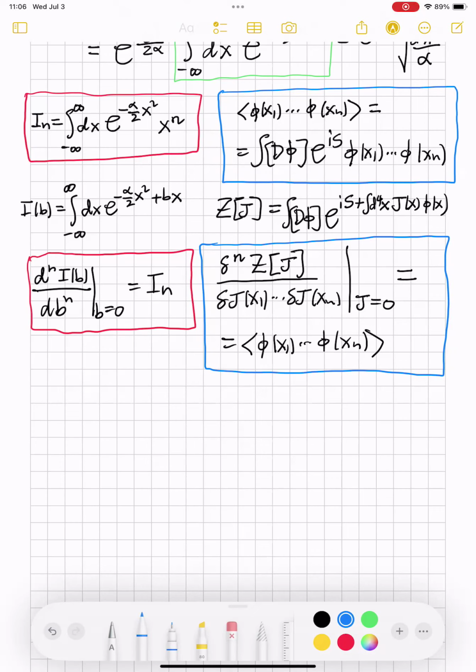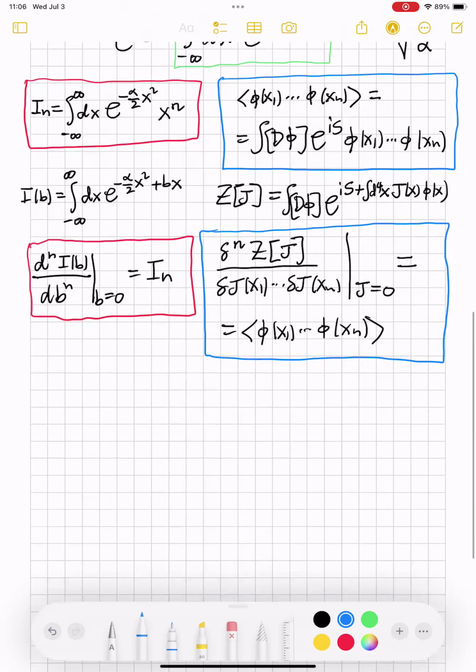And the nice thing is, we were able to do the calculation of I of B using only the value of I naught. So if you told me the value of I of naught, I was able to calculate I of B, and then all of the I_n's.